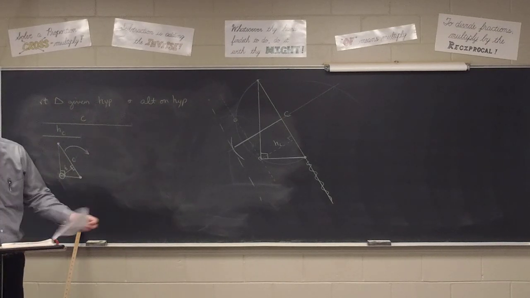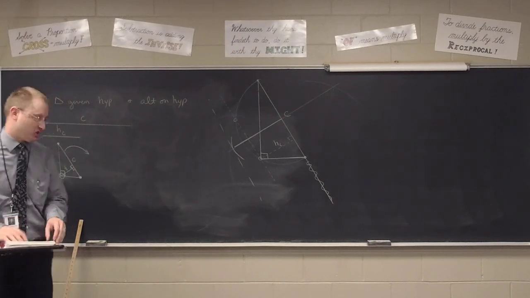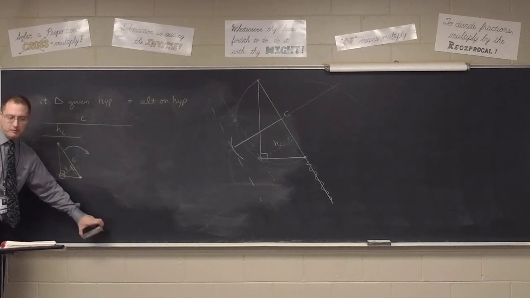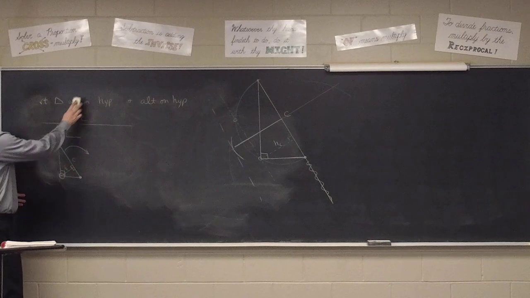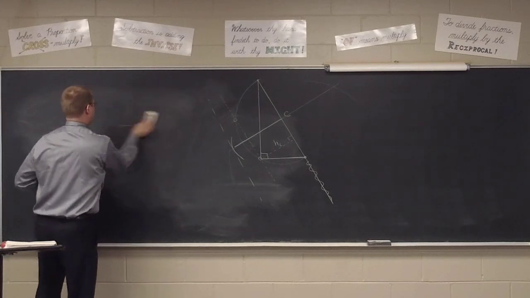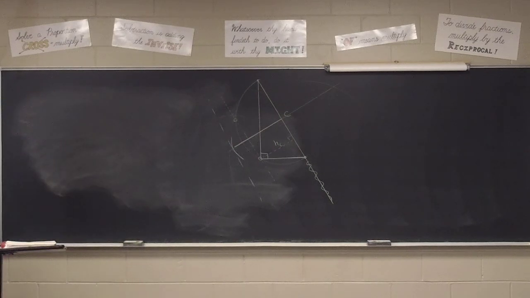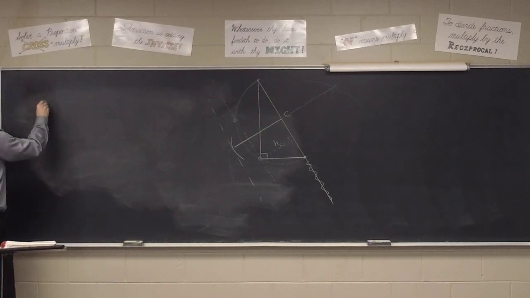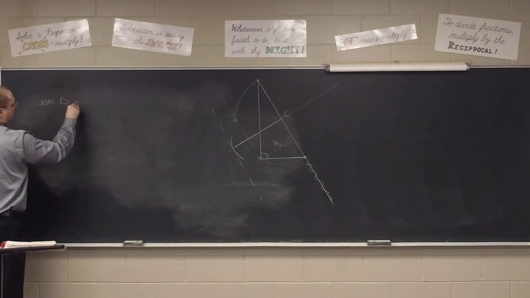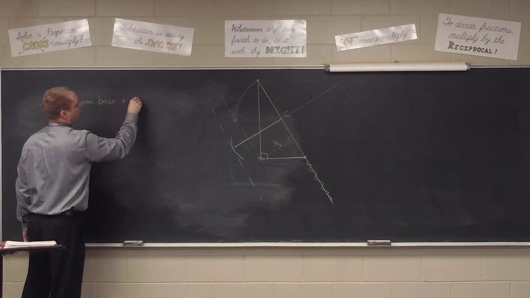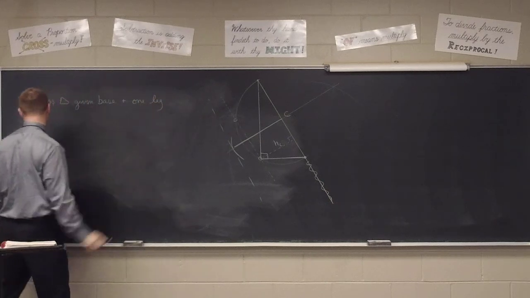Flip the page. Let's go back to isosceles triangles now, and let's take a look at number 13. We're going to construct an isosceles triangle given the base and one leg.